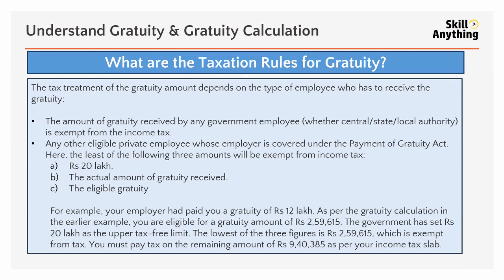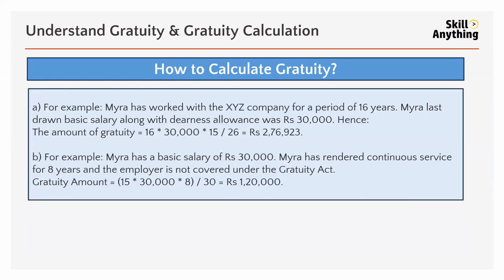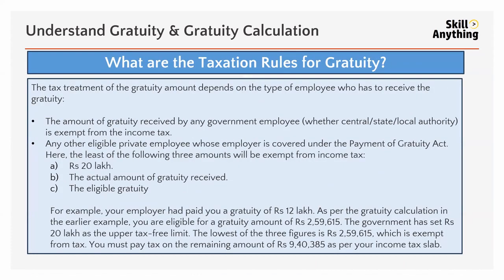For example, if your employer had paid you a gratuity of rupees 12 lakh, as per the gratuity calculation in the earlier example, the government has set an upper limit, and the maximum upper limit is 20 lakh. Then take the lowest of all 3 figures: rupees 20 lakh, the actual gratuity received, and the eligible gratuity.